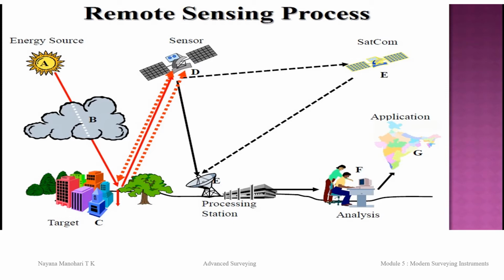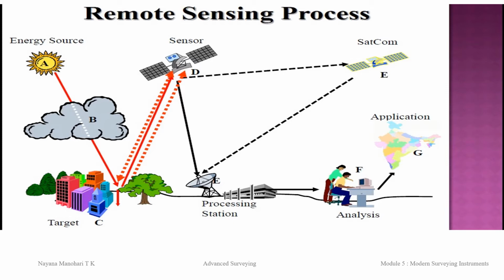How it is going to work: the first one is the energy source. The first requirement for remote sensing is to have an energy source which illuminates or provides electromagnetic energy to the target of interest.